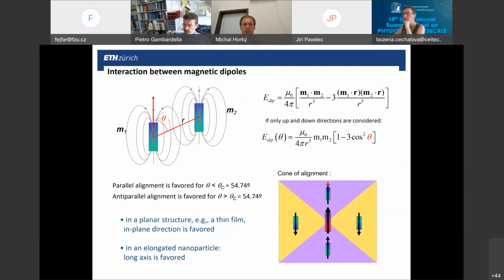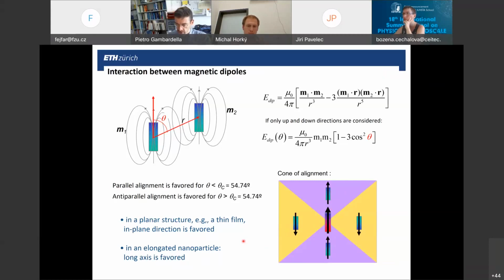configuration preferred if you have magnetic moments that are aligned on a line or on a plane, right? But if you force the magnetic moments to be oriented as you see here, then the dipolar field favors anti-parallel alignment of the magnetization.